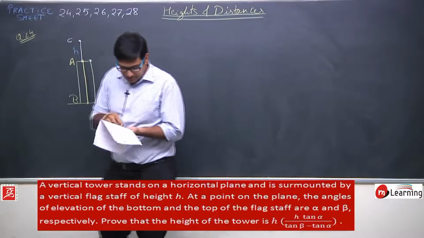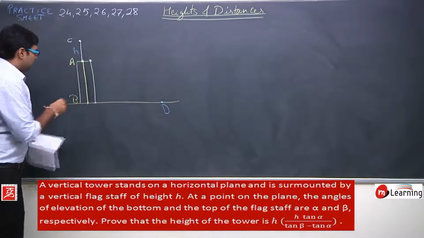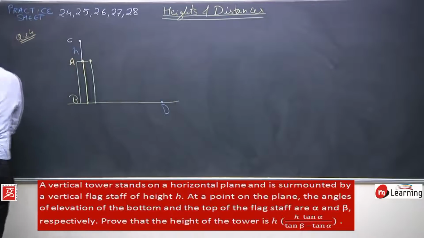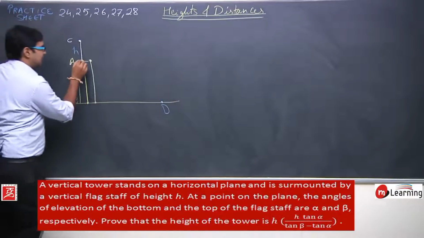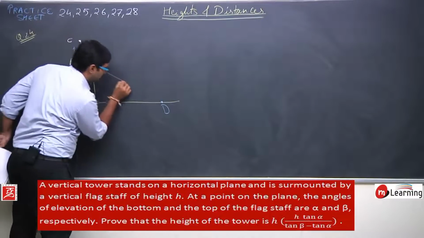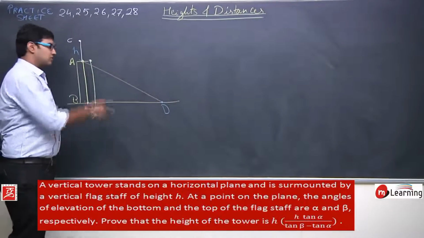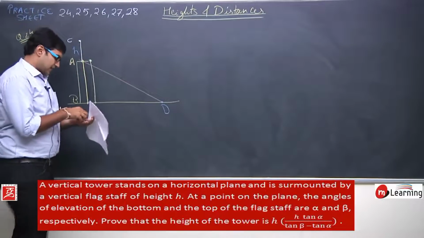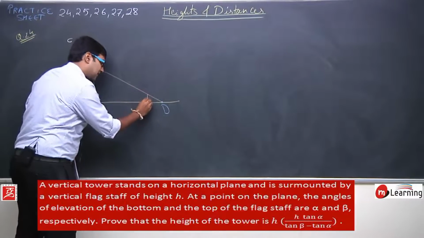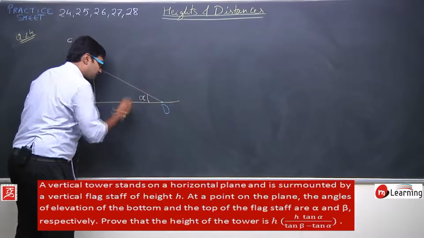So what does this mean? If this is the line of sight of the bottom of the flagstaff, I can say that this angle represents alpha.